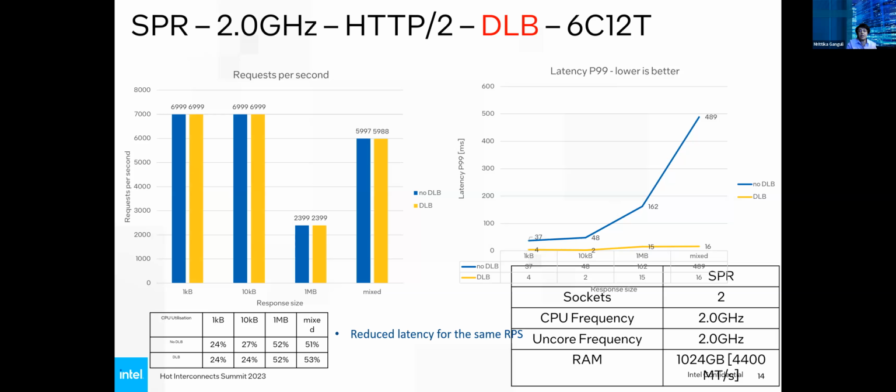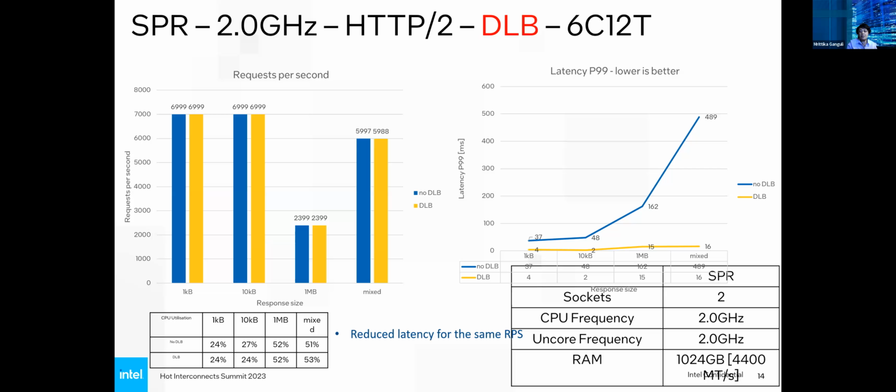is essentially on the left-hand side, you'll see largely the requests per second. The requests per second here for 1 kilobyte, 10 kilobyte, 1 megabyte, and mixed, meaning it will have all these three. And they are kept constant.